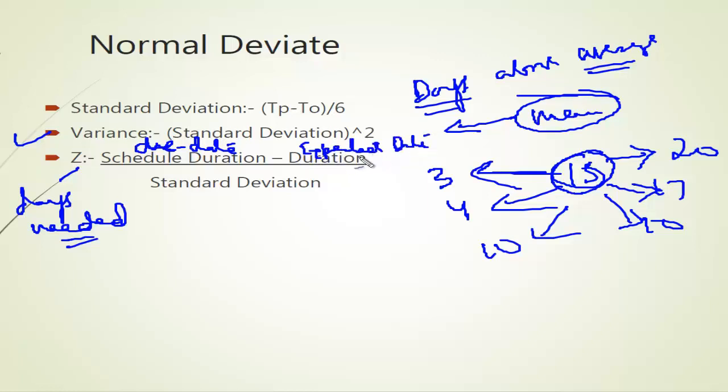Whatever the expected date is, you subtract it from the due date and then divide by the standard deviation. So this will give us the days required to complete the project.